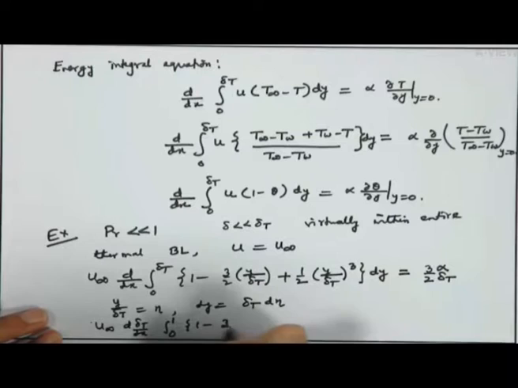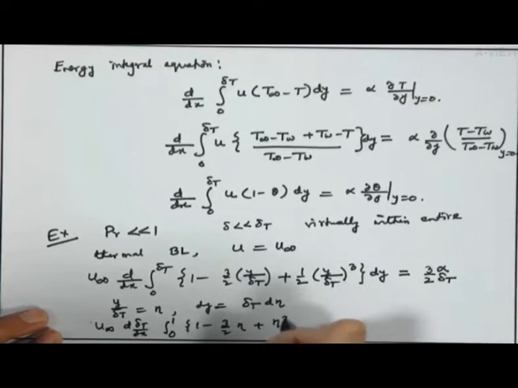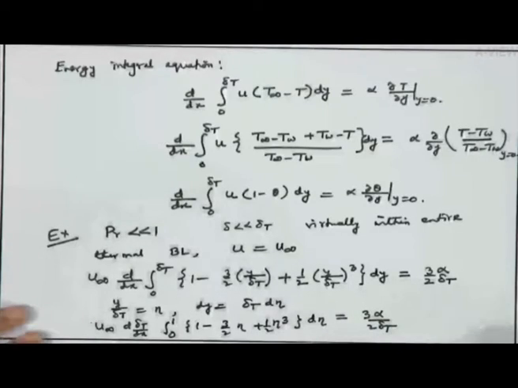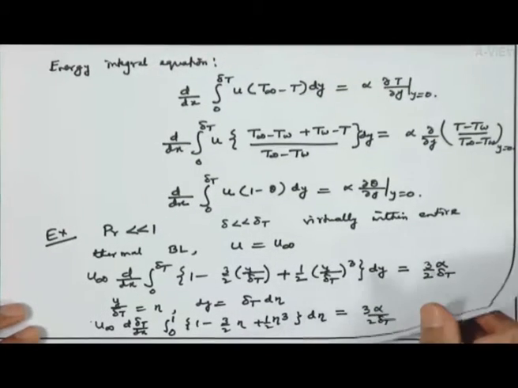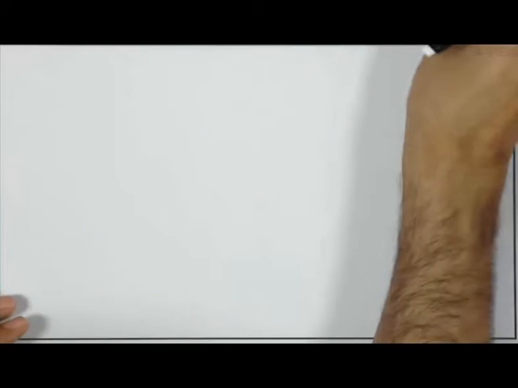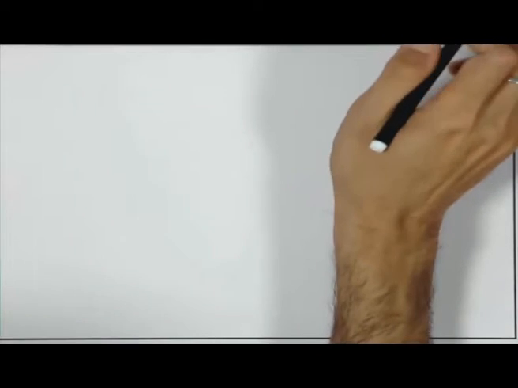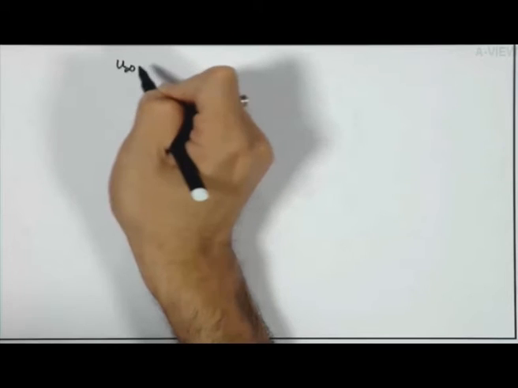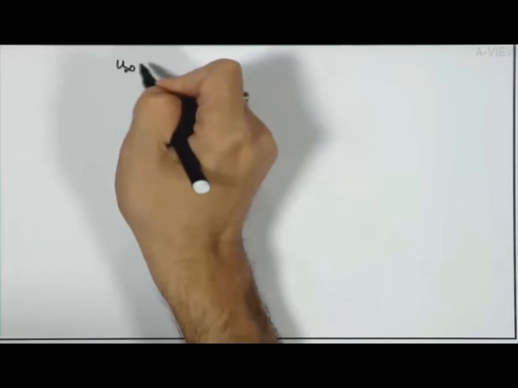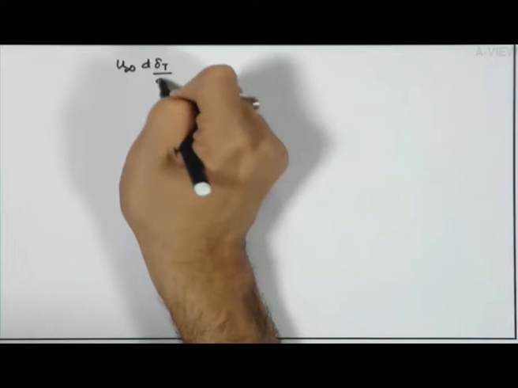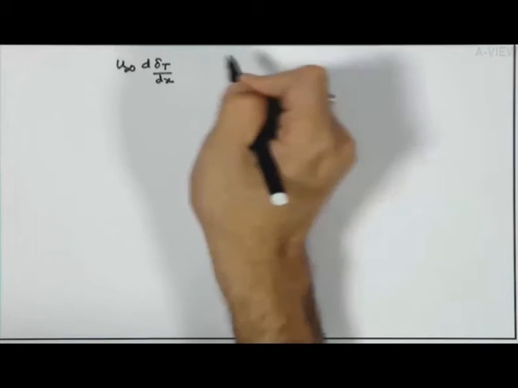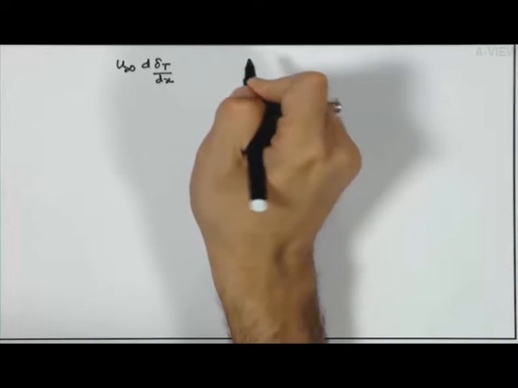So, integral 0 to 1 of 1 minus 3 by 2 eta plus half eta cube d eta is equal to 3 alpha by 2 delta t.